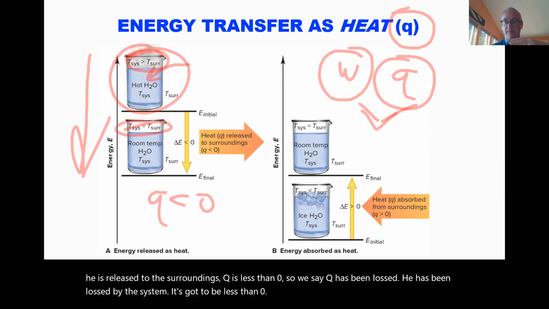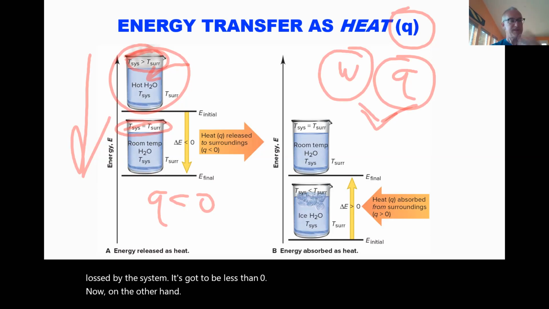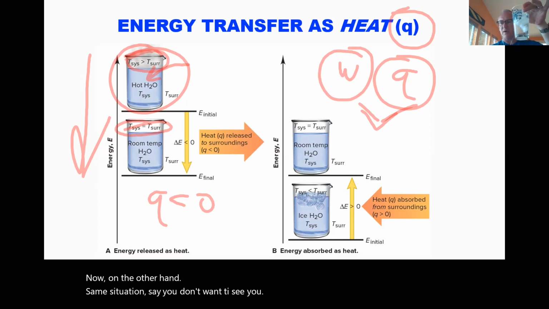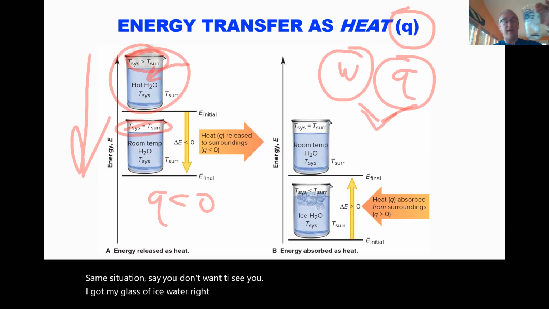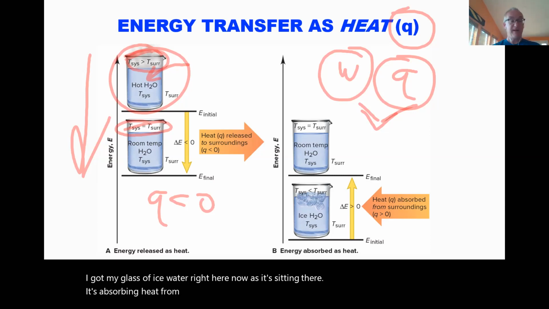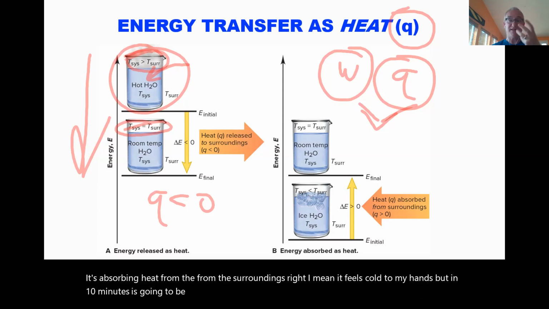Now, on the other hand, same situation. Say you don't want tea. Say you've got a glass of ice water right here. As it's sitting there, it's absorbing heat from the surroundings, right? It feels cold to my hands, but in 10 minutes, it's going to be slightly less cold, and in 30 minutes, slightly less. Eventually, it's going to be at room temperature.